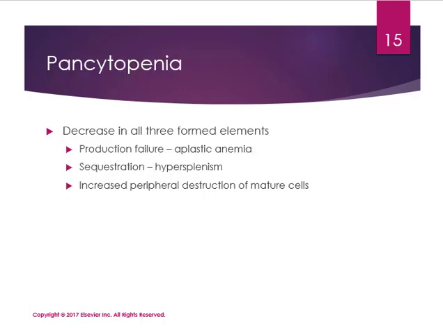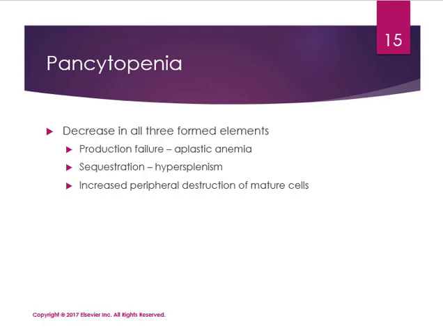One thing that you can see is called pancytopenia, and it's a decrease in all three formed elements of the blood: the red cells, the white cells, and the platelets. You may see this not as the result of a single disease, but from a combination of disease processes. Pancytopenia can be caused by one of three processes.